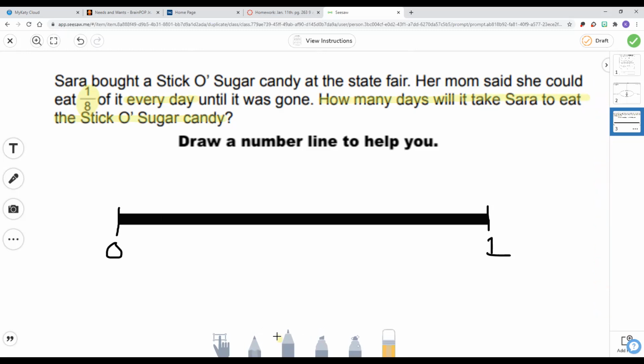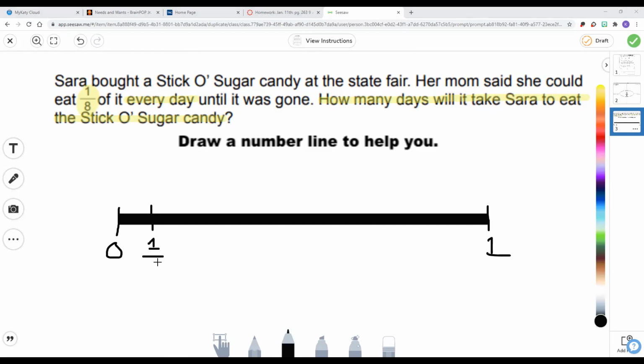Oh man, sorry, I'm trying to get the eraser and erase what I just wrote. Okay. So this one's going to be a little bit different because my lines are not already there for me. So instead, I'm going to start going 1.